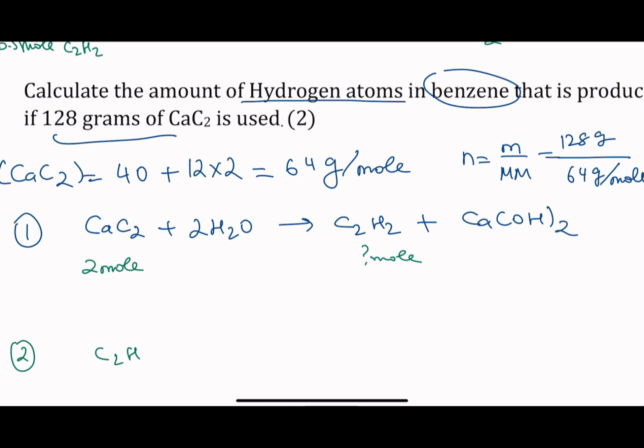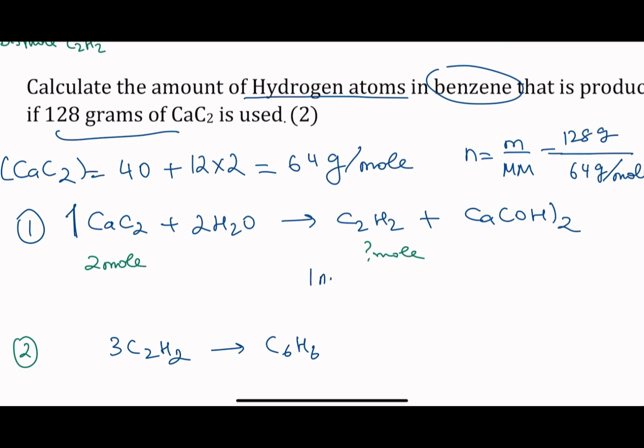So 3 C2H2 give us C6H6. So now you know from this ratio that 1 mole of calcium carbide gives us 1 mole of C2H2, right?